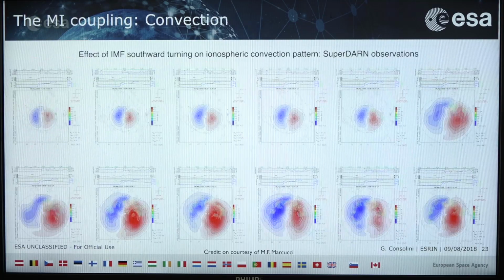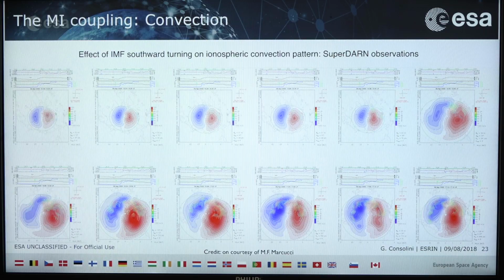I'm sorry for the picture, but this is very small. In this plot we report an example of a turning of the magnetic field, the external magnetic field, you can see here the BZ component, from the northward to the southward component.